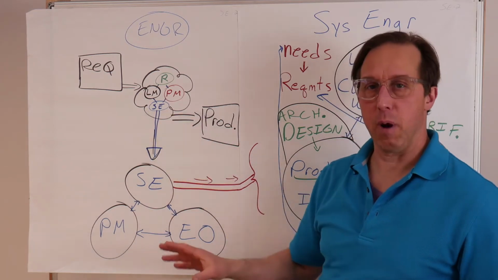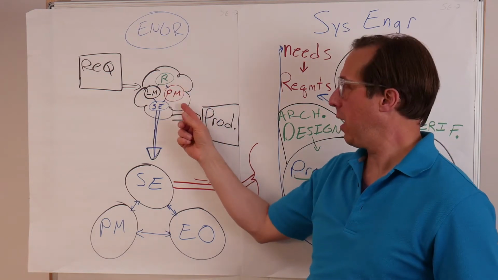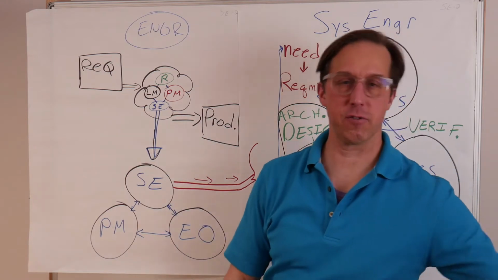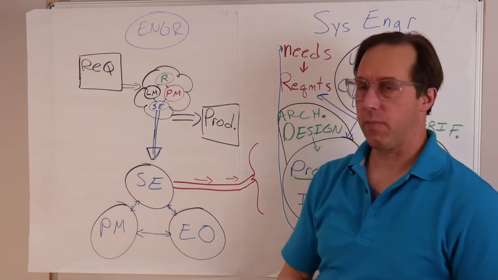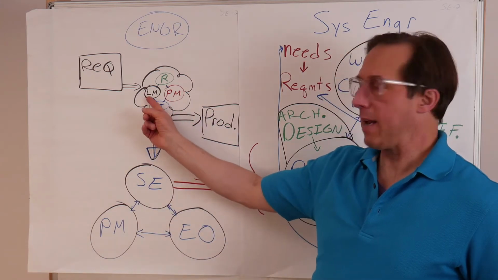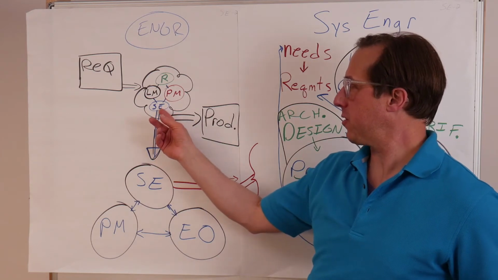Now in this activity bubble, we've got resources at the top. We have program management, and that manages everything, from human resources to large-scale project funding. We have line management just to run the shop, and then the systems engineering part of it.